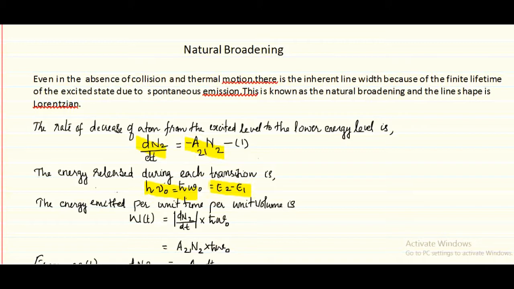Thus the energy emitted per unit time per unit volume can be represented as W(t) equals modulus of dN2/dt times ħω0. Modulus dN2/dt can be represented as A21 N2, then times ħω0.